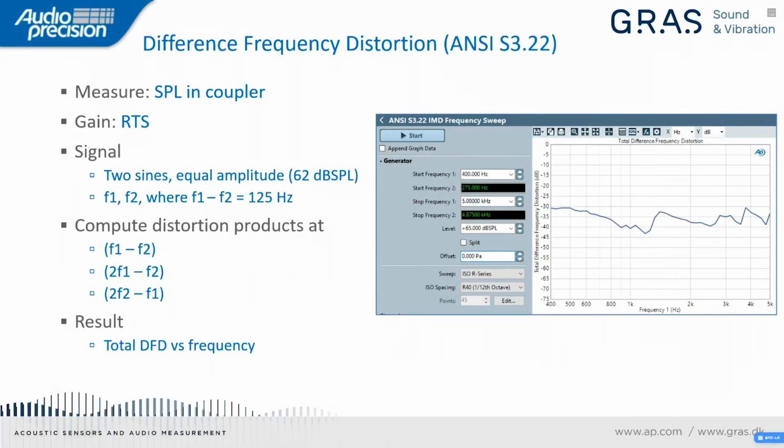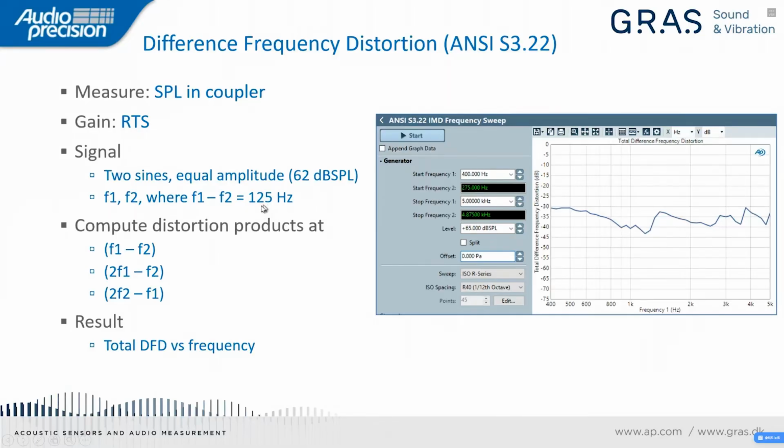Another measurement called out in the standards is difference frequency distortion. ANSI calls it difference frequency distortion, and we'll see that the IEC has a slightly different label, but it's basically the same thing. Here again, we measure the sound pressure level in the coupler with the gain at RTS. We use a dual sine signal, two sines of equal amplitude at frequencies spaced 125 hertz apart.